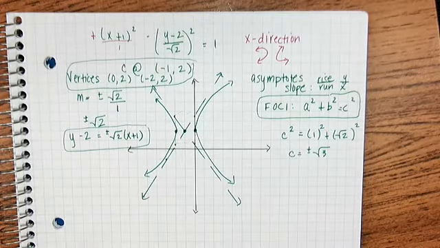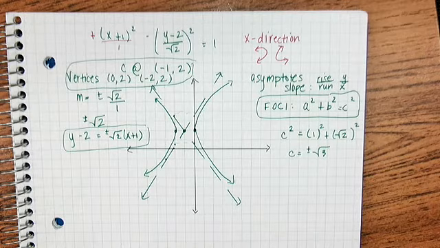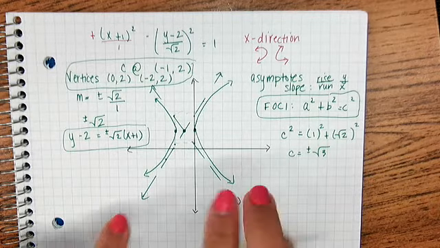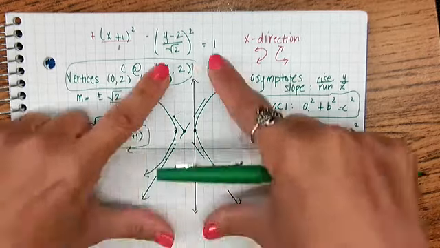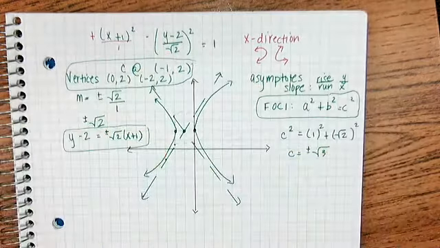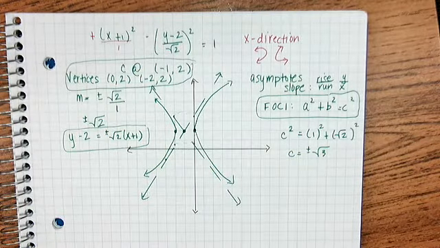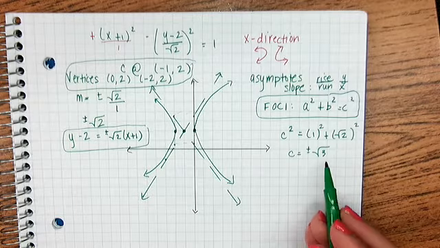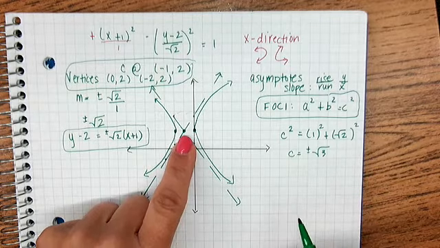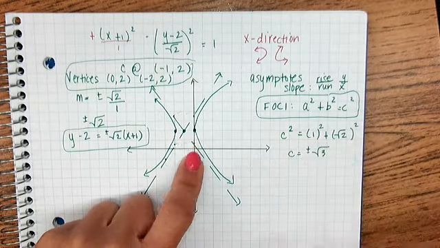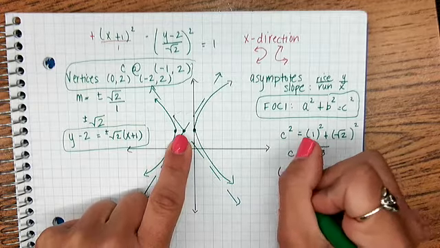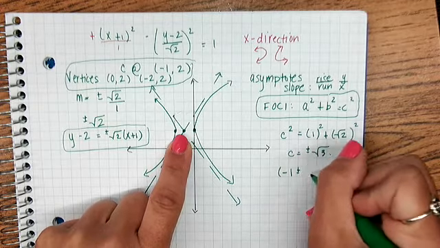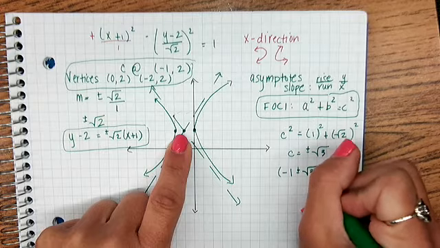I've said before that foci need to be inside of the curve. If I took the hyperbola and smashed it down, I would smash the foci. So from the center, the x coordinate is -1, -1 plus or minus root 3.